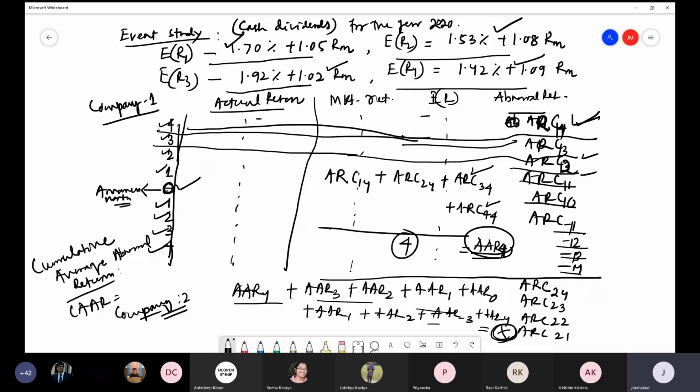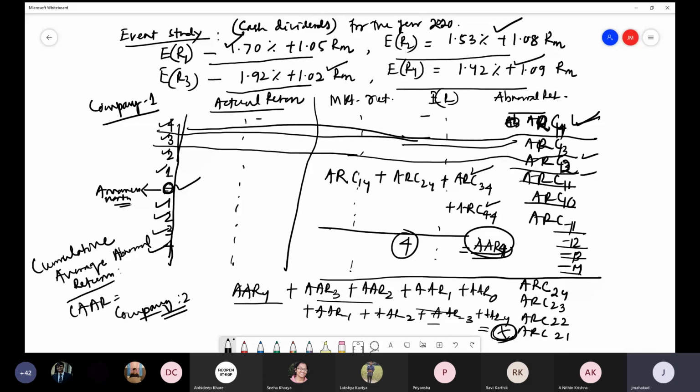The event is positive, the event is negative, or the implication of the event is something different, on the basis of the knowledge or idea about that event by the different market participants, how they have considered these things. Accordingly, we can say whether this event has any impact on the price and return of this asset, and whether around that event the cumulative average abnormal return is close to 0 or not.